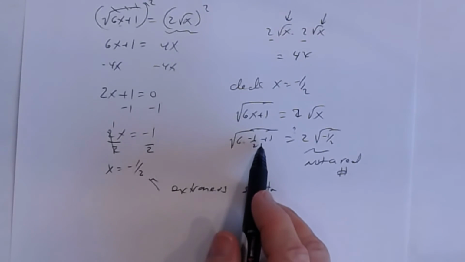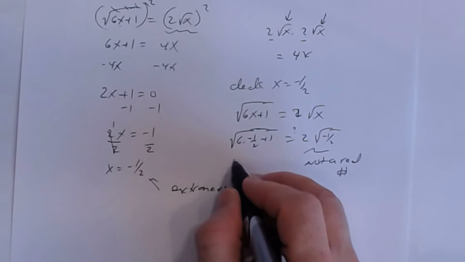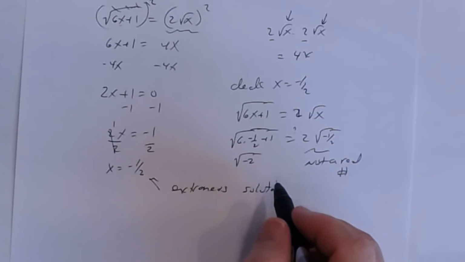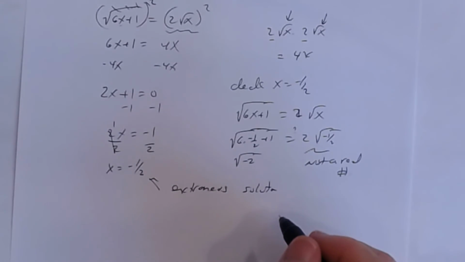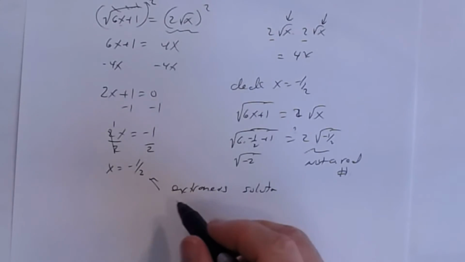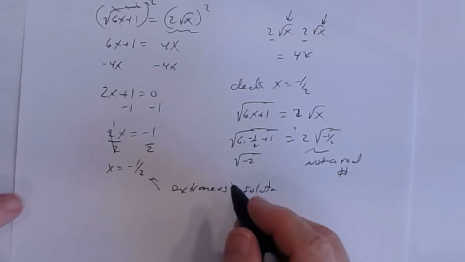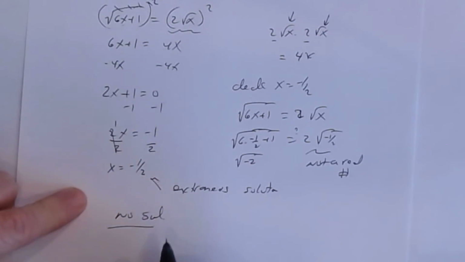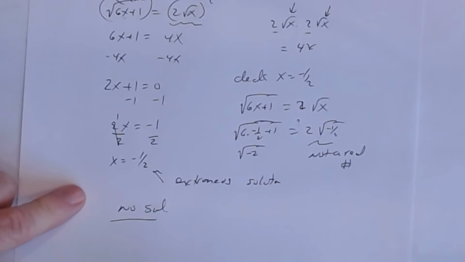Negative 3 plus 1 is a negative 2. So this is the square root of a negative 2. So that's not a real number either. So that's an extraneous solution. And since that was the only proposed solution, we say no solution. All right, so that was number 7.